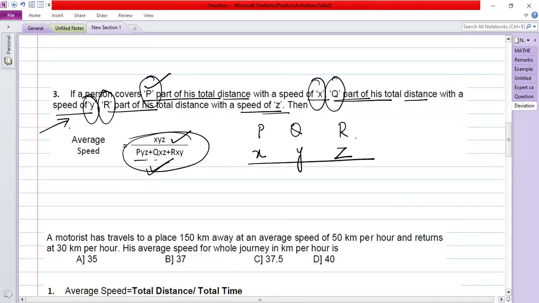Now in the denominator, P will be multiplied with Y and Z, then plus Q multiplied with X and Z, and R will be with X and Y. So this is the formula here.